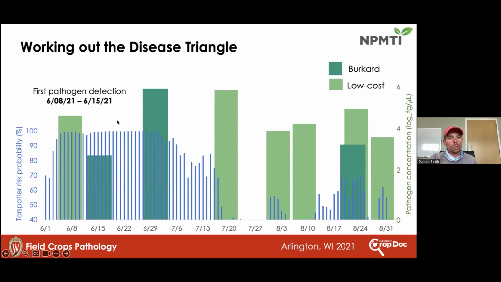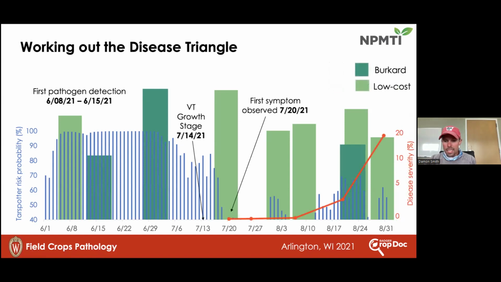And so if we take 2021 at this particular location, you can see these two bars down here. This was likely the first time we saw spores move through. You can see we had a nice environment here according to Tar Spotter, and of course we have corn. And then we can look at when disease actually developed. And remember, the Bayer paper said it took about 15 days for the first symptoms under ideal conditions.